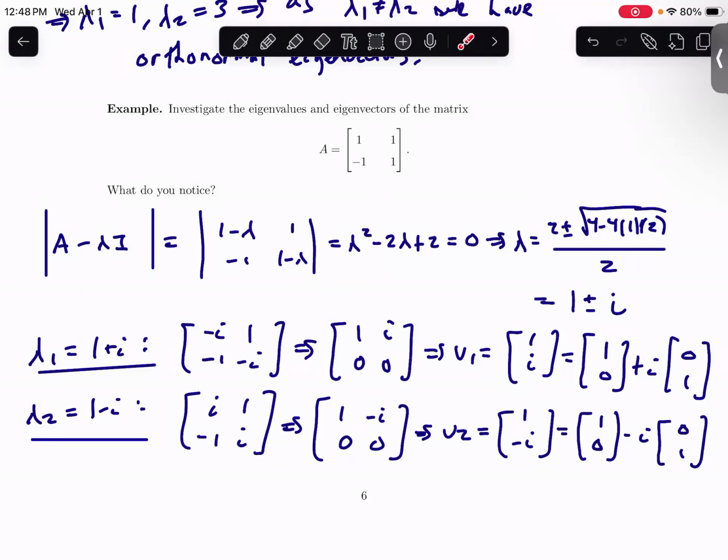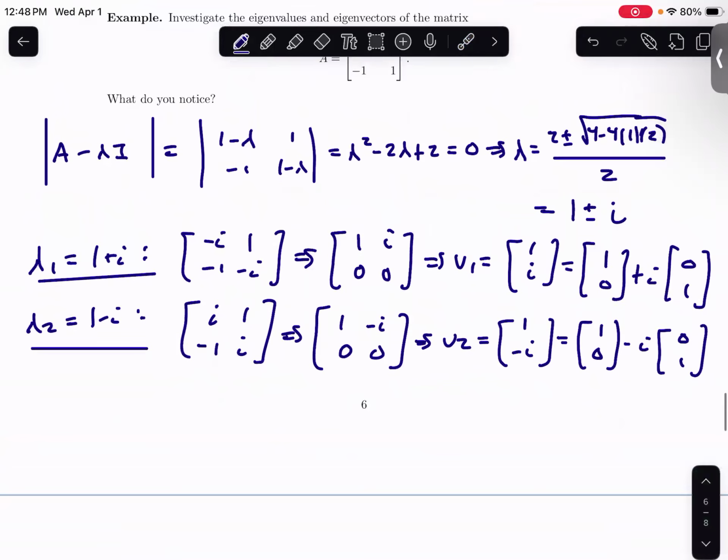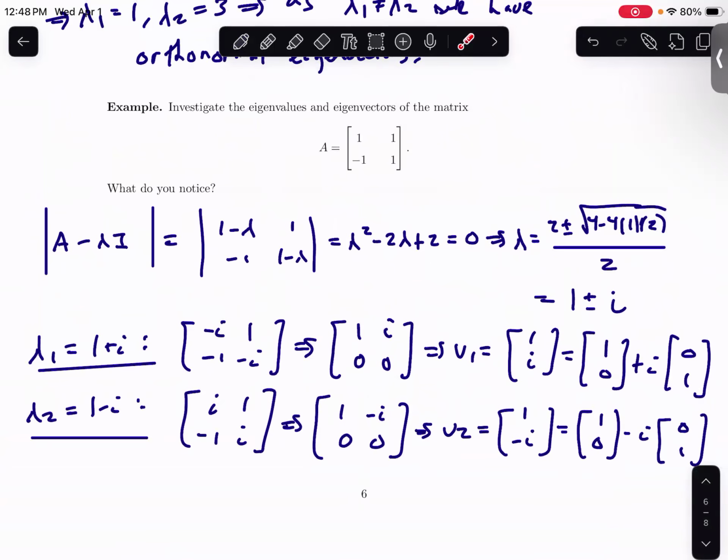The word I'm looking for, since I don't have that much time, is that the eigenvalues are complex conjugates of one another, as are the eigenvectors. The only difference between this eigenvector and this eigenvector is that this is plus and this is minus. If you have these complex eigenvalues, they're going to be complex conjugates of one another, and their corresponding eigenvectors are going to be complex conjugates as well.